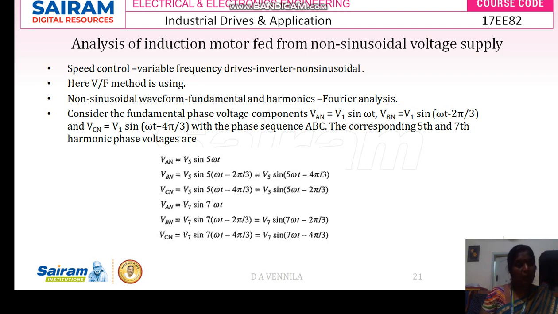So this is out of phase with respect to this fundamental component. That's why fifth order will be called a negative phase sequence, and the seventh order will be called a positive sequence.